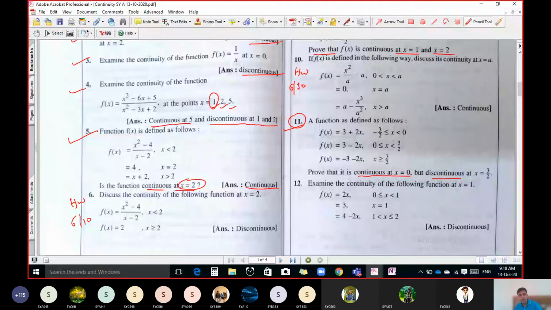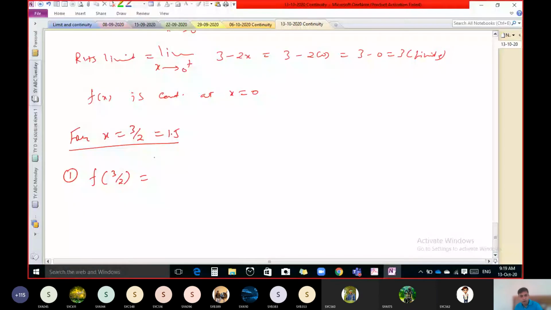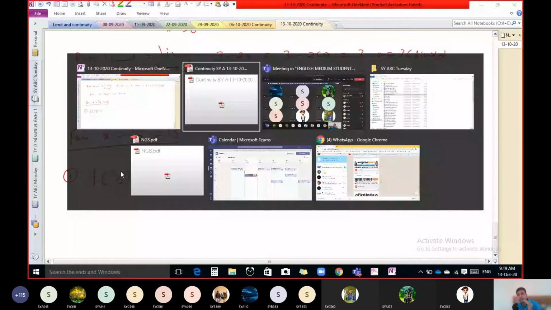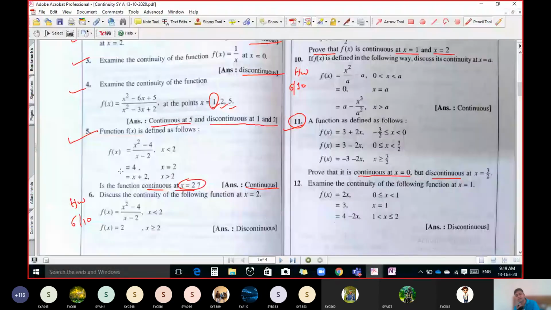Once again, what is the situation? F of 3 by 2 means x is 3 by 2. See the function carefully. When x is 3 by 2, which do we have to select? Third one, because the third one is applicable when x is 3 by 2 or more than that.